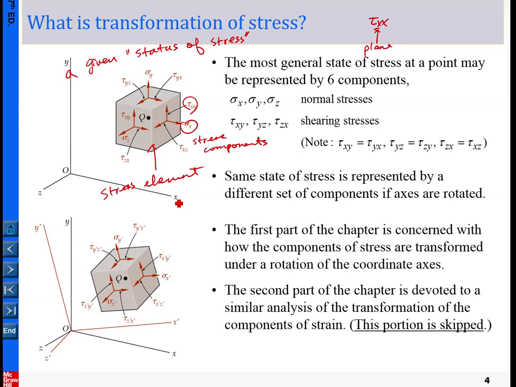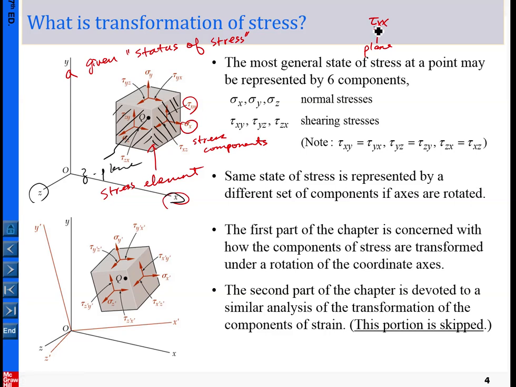For example, if this is the x-axis, this plane is what we call the x-plane, because the normal to this x-plane points in the x direction. And this plane has a normal in the z direction, so this is called the z-plane, etc.